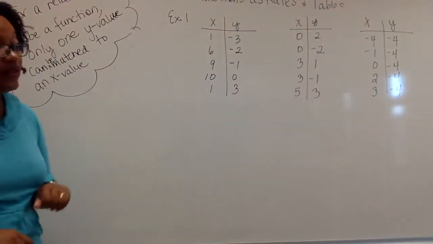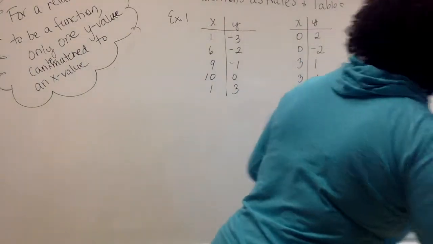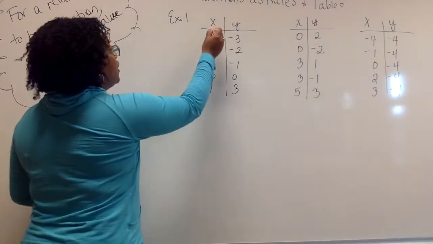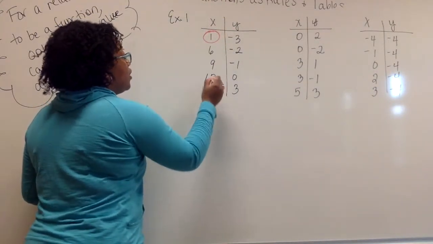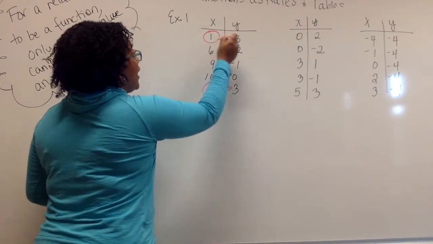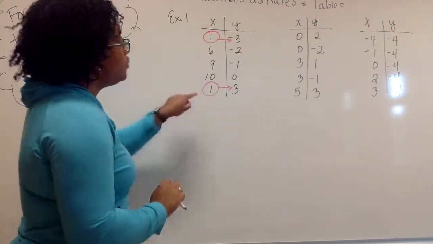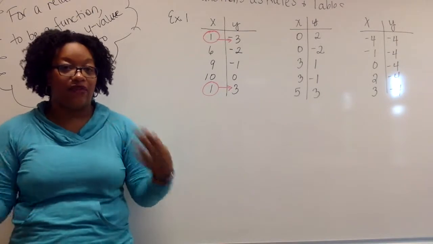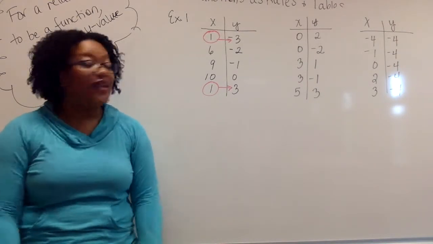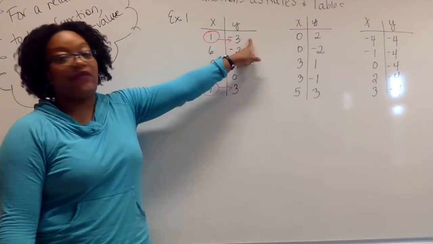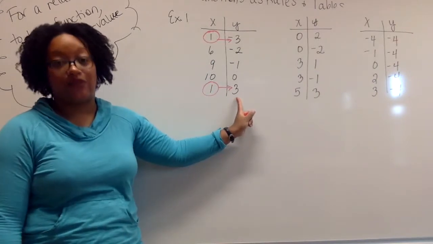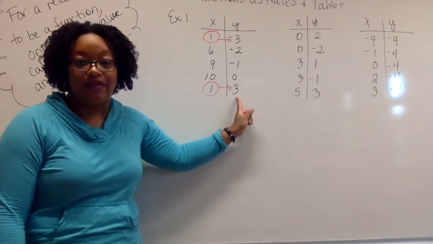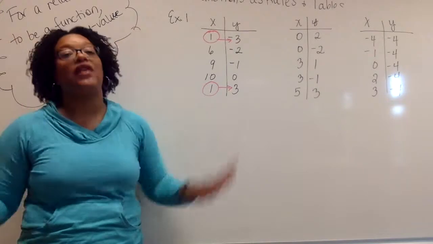Hopefully you're looking at this table and you see that I have two values here for one x. Okay, so I have two input values that are the same. The value is 1, but this output gives me a -3 and this output gives me a +3. That can't happen. That's just based on the definition.